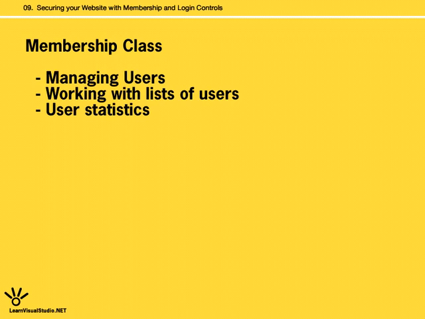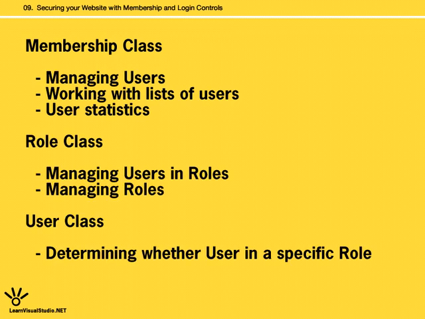It's pretty impressive. Next up, which we've already seen a little bit, is the role class, which we used back in our example to ensure that a user was a member of a given role. However, it's also great if you want to programmatically add users to or remove users from certain roles, or you can also create roles on the fly and even more.